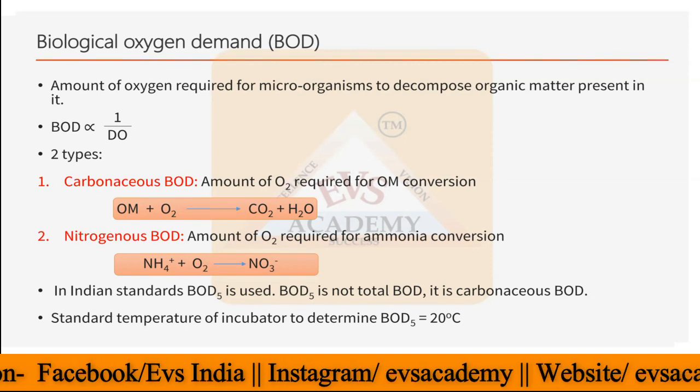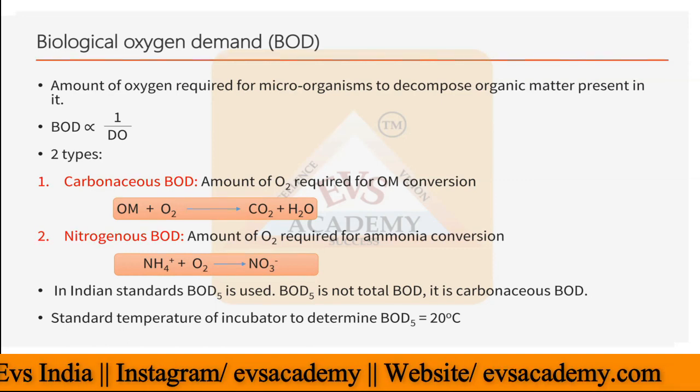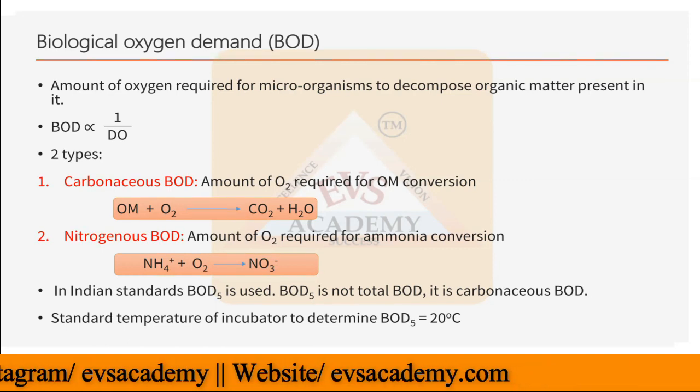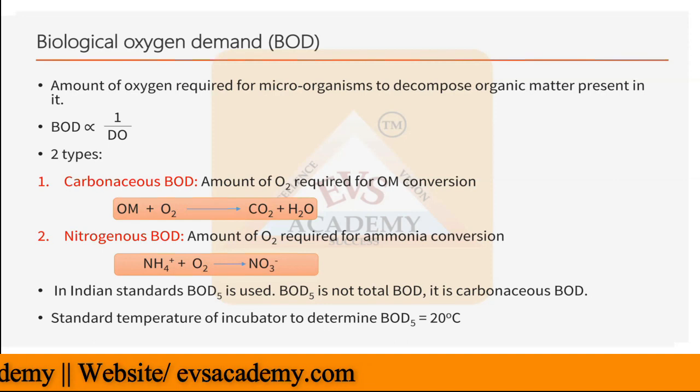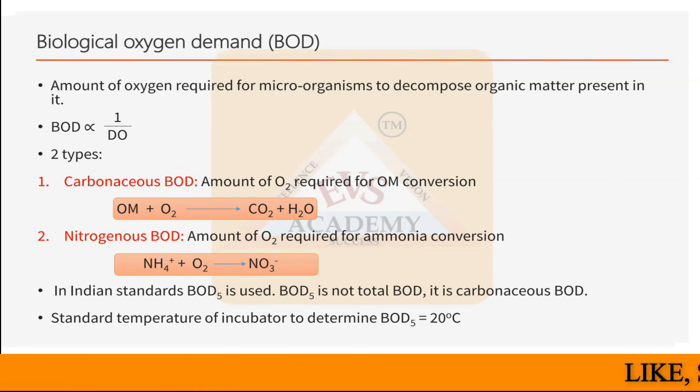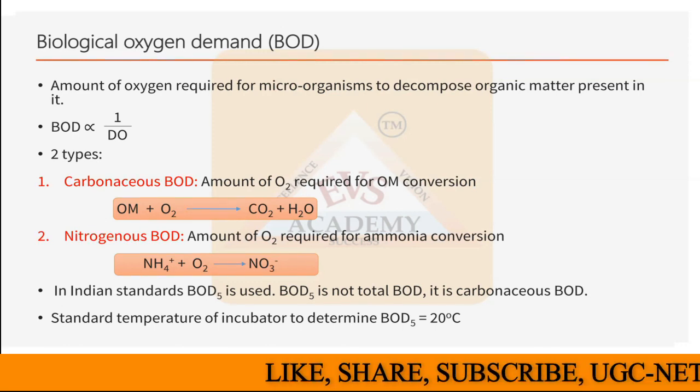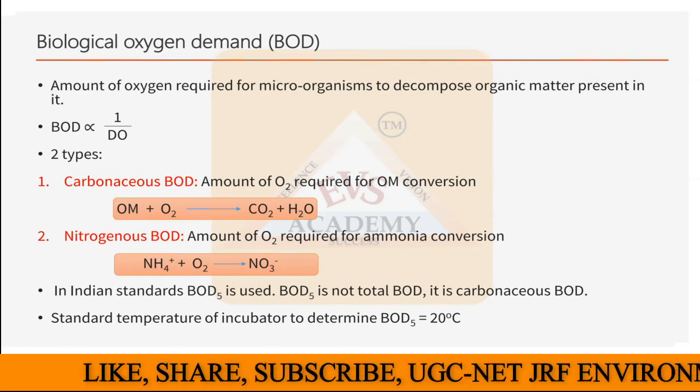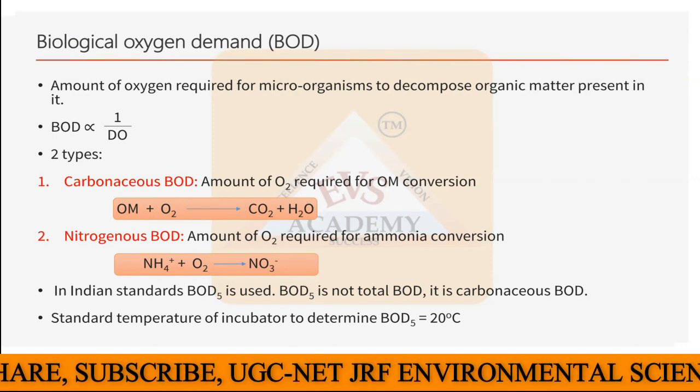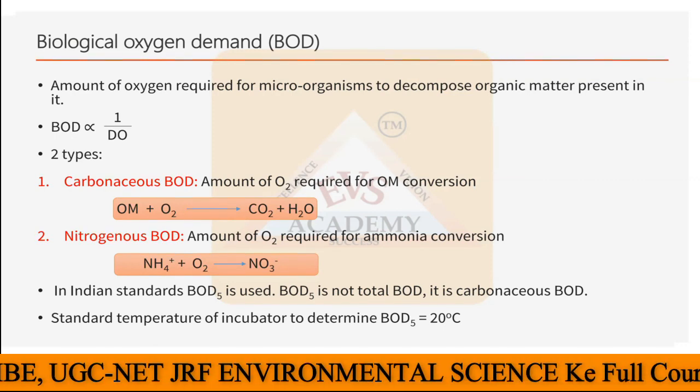So in Indian standard, BOD5 is used. What is the meaning of BOD5 here? BOD5 means the biological oxygen demand of a total of 5 days. BOD5 is not total BOD, because if you look at the total amount of organic matter, it can take 3 to 4 weeks, up to 1 month, to degrade all the material present in it.